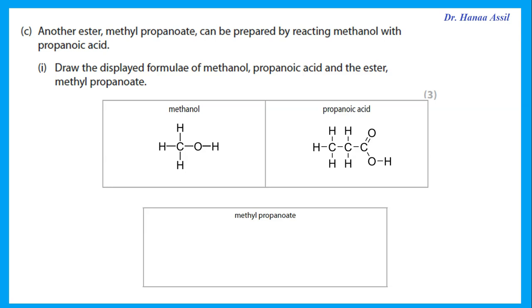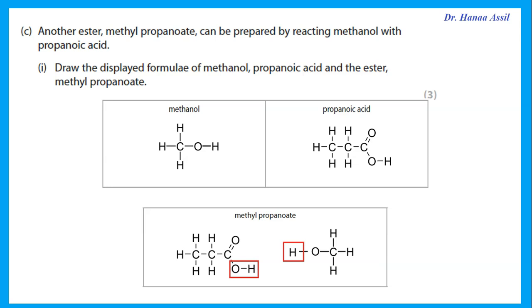Now we want to draw the ester. How do we draw an ester? We draw the acid first. So that is my propanoic acid. And we draw the alcohol. And then we remove what? We remove OH from the acid and the H from the alcohol.